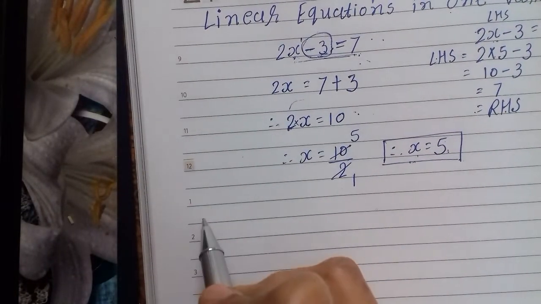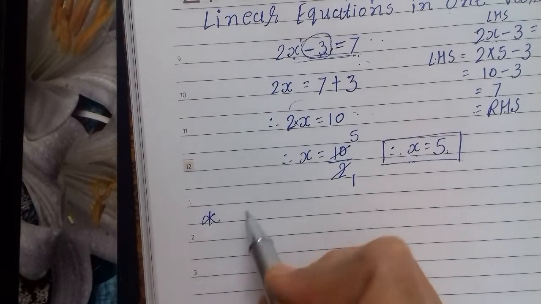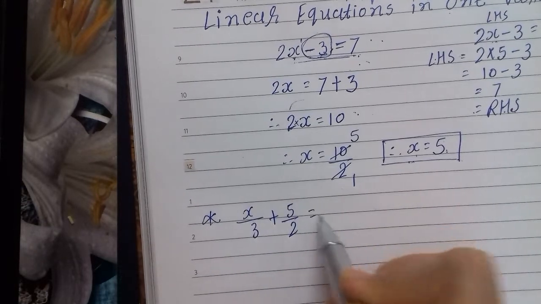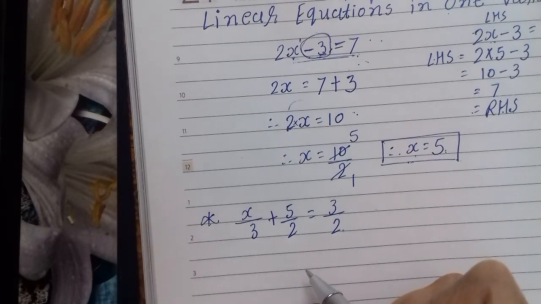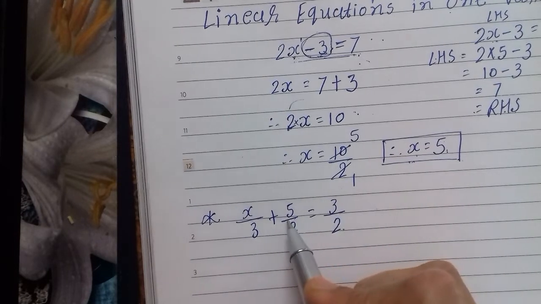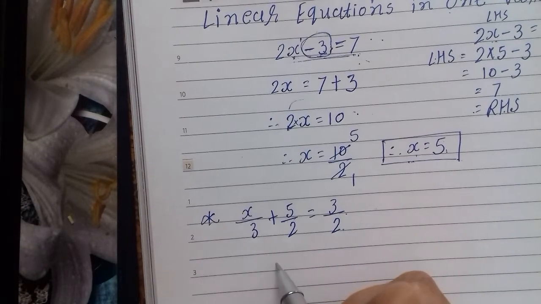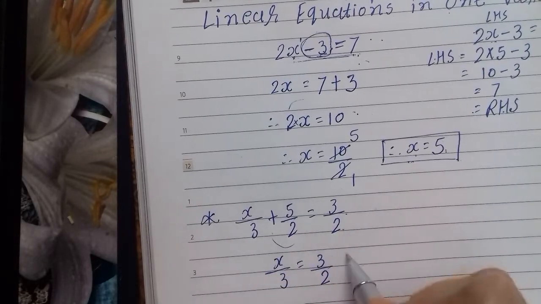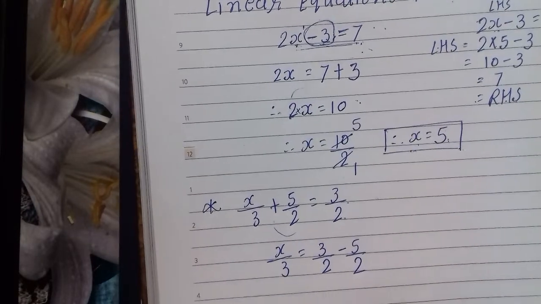Next example. x upon 3 plus 5 upon 2 is equal to 3 upon 2. Here transposing 5 upon 2 to the RHS, we will get 3 upon 2 with the opposite sign. So here plus 5 upon 2, here minus 5 upon 2.